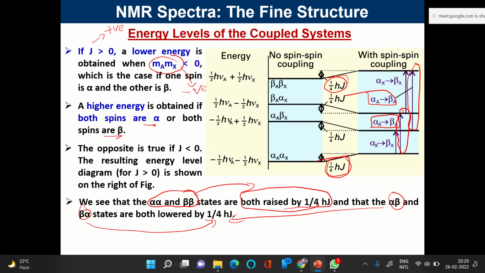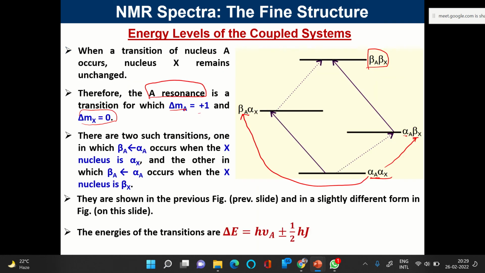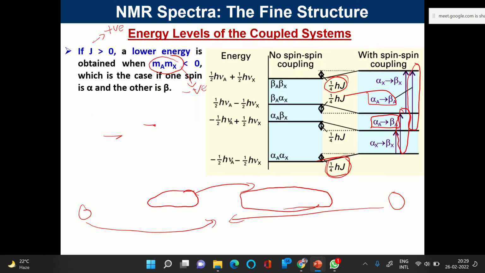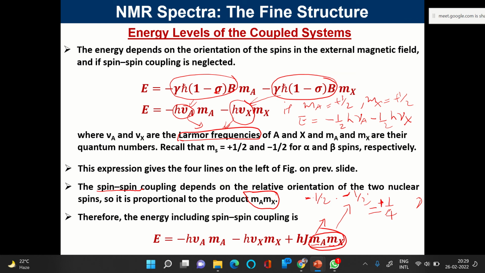So there will be a separation between the two. If you calculate the energy difference from the previous situation, I have already defined the energies of each of the states in the previous slide. Yes, this is the energy of each of the states.